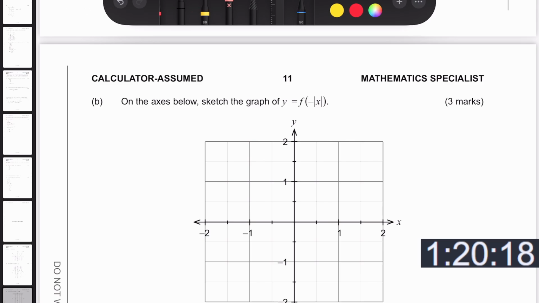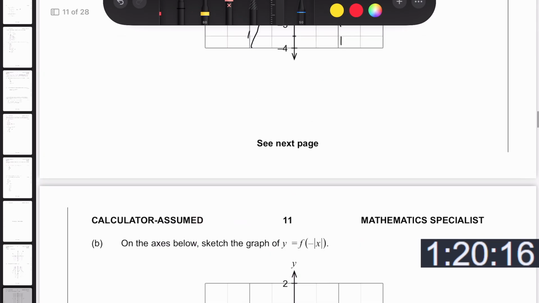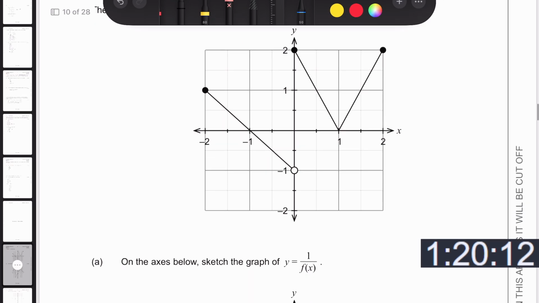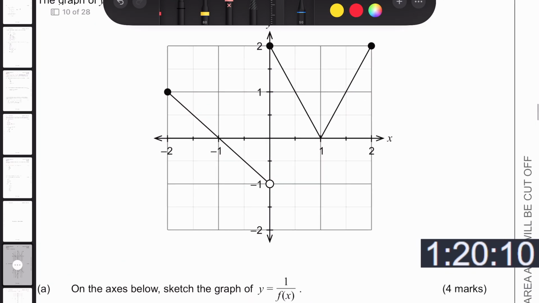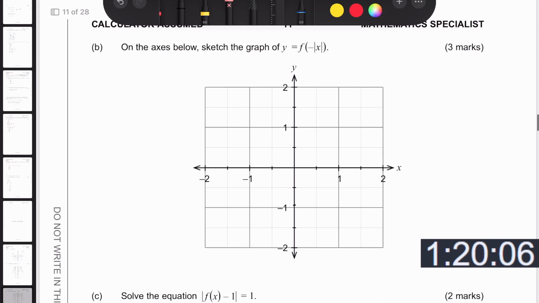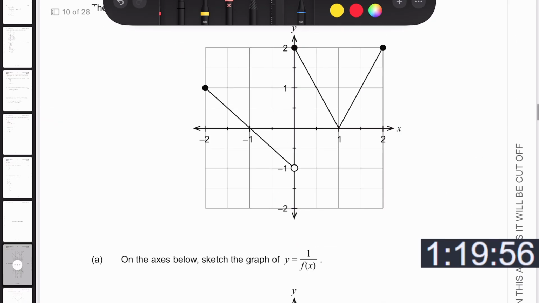Sketch the graph of negative absolute value of x. And it's just going to be open dot that, and like that.